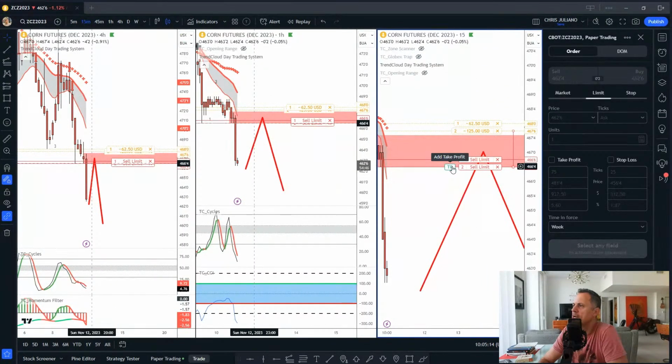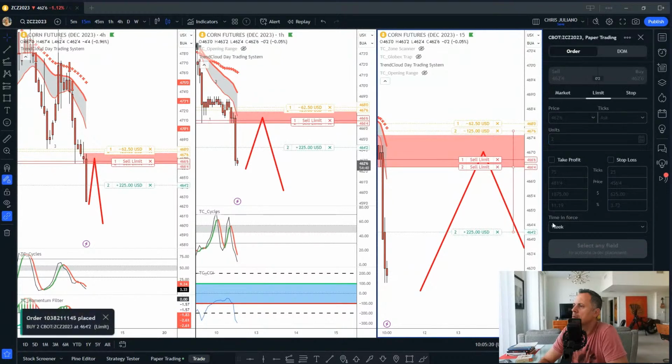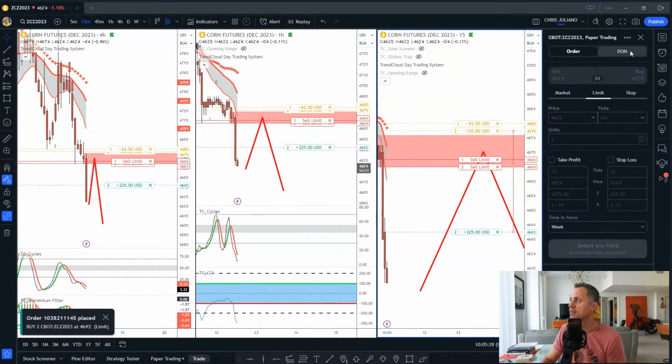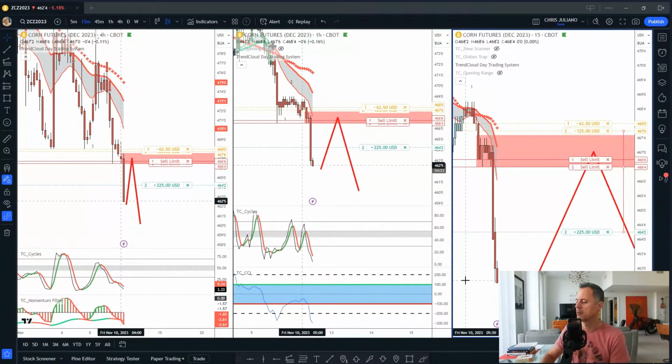Take off 2 contracts at 2-to-1, right? And then let that last one run. Completely set up. That's how you would set up multiple contracts on TradingView to scale out of the position.